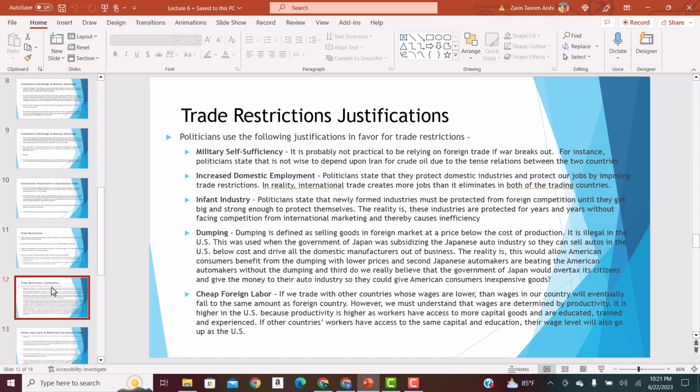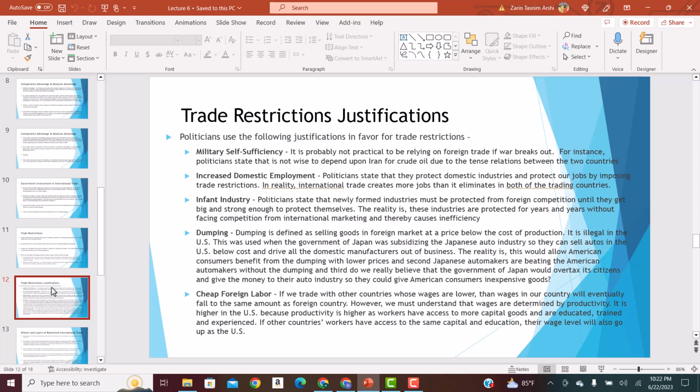This would allow American consumers to benefit from the dumping with lower prices, and second, Japanese automakers are beating the American automakers without dumping. Also, think about it. Do we really believe the government of China or Japan would overtax its citizens and give money to their auto industry so they can sell their products in the US? Of course, it doesn't make sense. Okay, again, these are justifications they use, but they are not true.